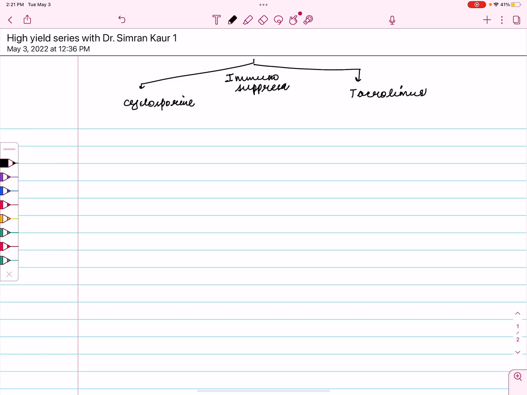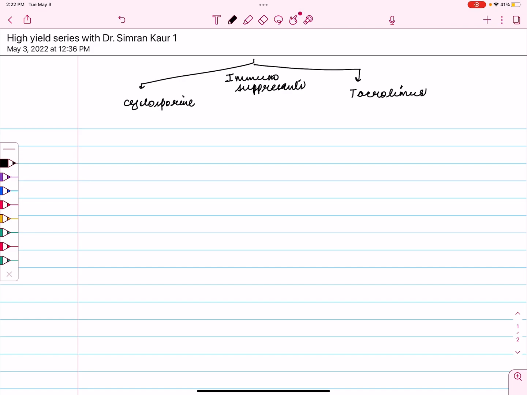Both of them would be helpful in prevention of solid organ transplant rejection, prophylaxis in fact. If you talk about cyclosporine, that could be useful also in cases of rheumatoid arthritis and psoriasis, and it has also been approved for cases of ALS, right?